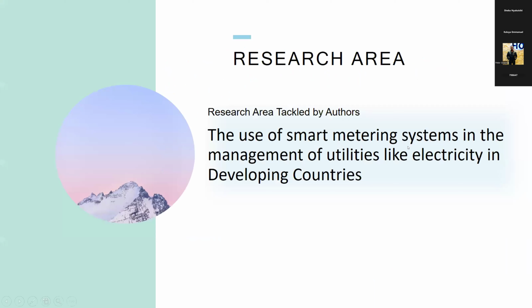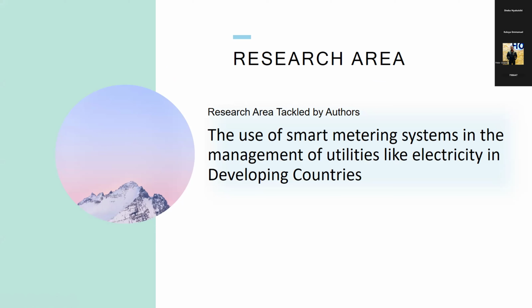In our discussion with the group members, this is what we identified as the research area. The research area was the use of smart metering systems in management of utilities like electricity in developing countries.